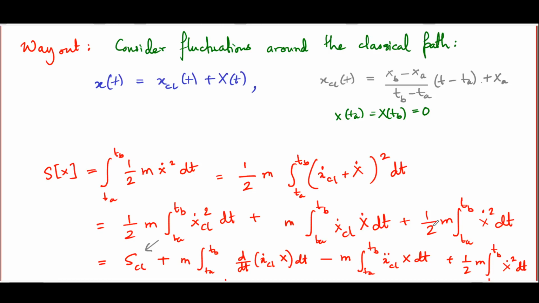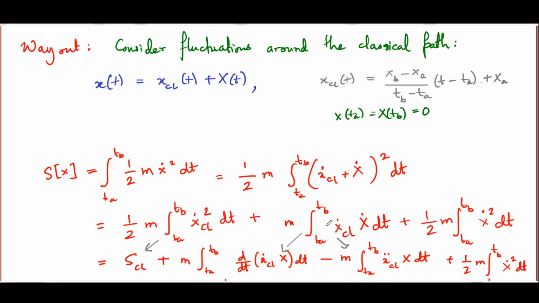Now the middle term can be written down in a very familiar form. You can write down x dot cl capital X dot as a derivative of x dot cl times capital X. Of course, that's not right, but that means that you have to take away from this x double dot cl times capital X. So this term and this term together give you this one.